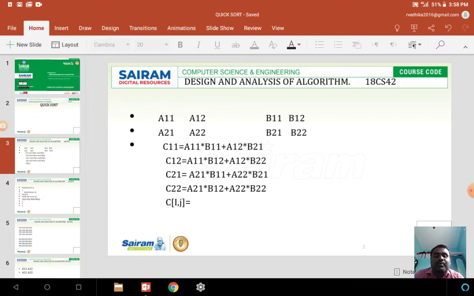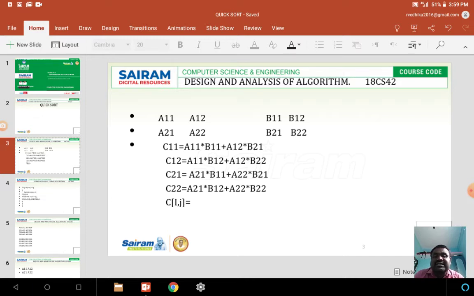So how can I compute the resultant matrix? By using this formula, C11 equals A11 multiplied with B11 plus A12 multiplied with B21. Likewise, C12 will be A11 multiplied with B12 plus A12 multiplied with B22.